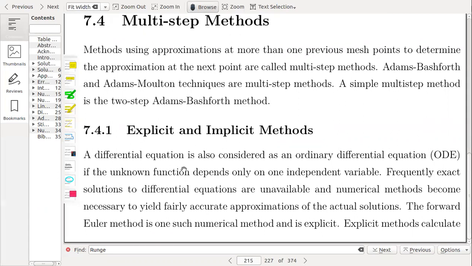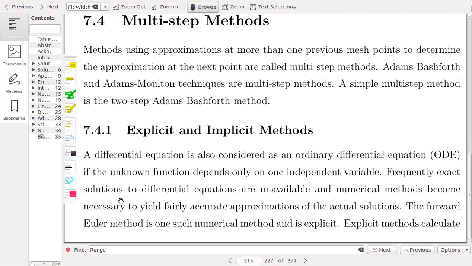A differential equation is considered an ordinary differential equation if the unknown function depends only on one independent variable. Frequently, exact solutions to differential equations are unavailable. Here, exact solution means the analytical solution, as opposed to numerical analysis.